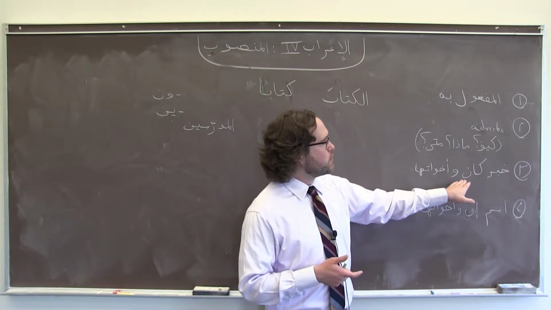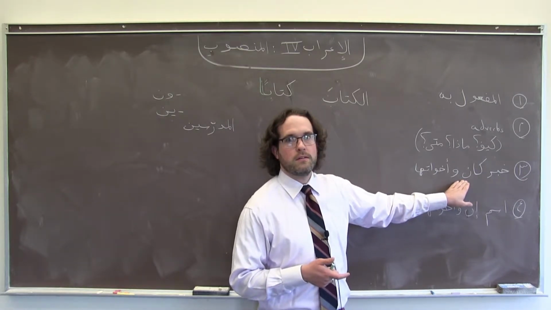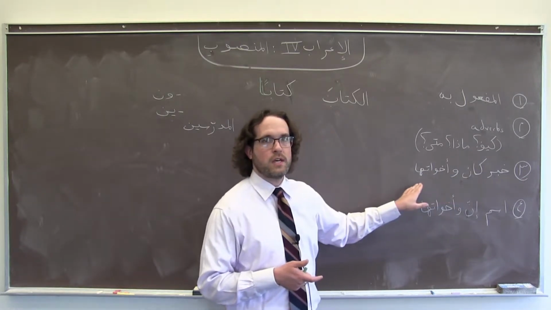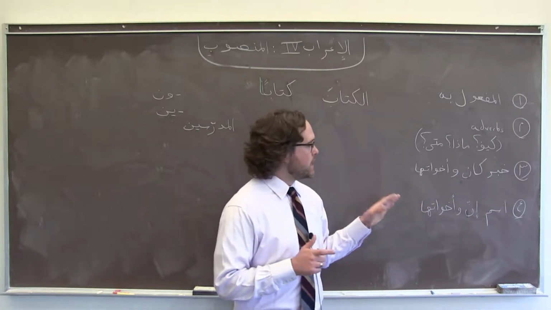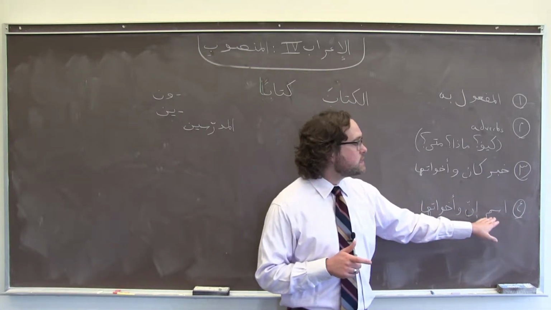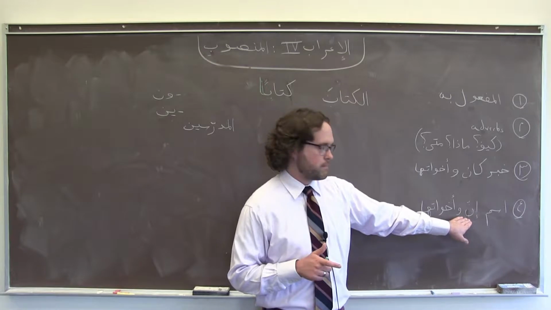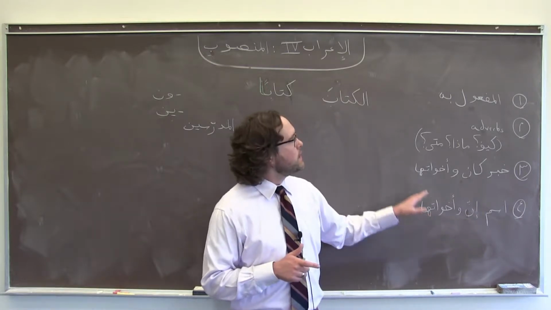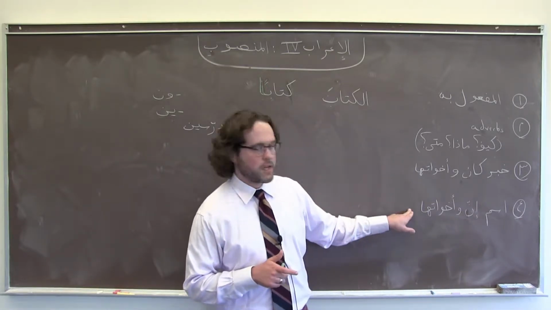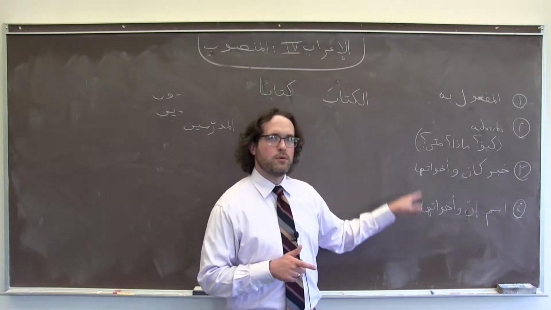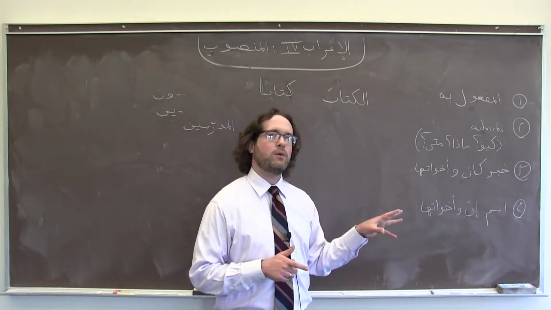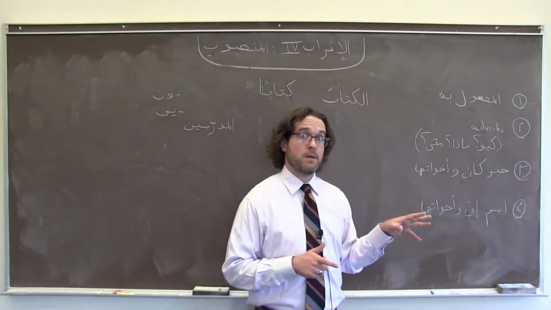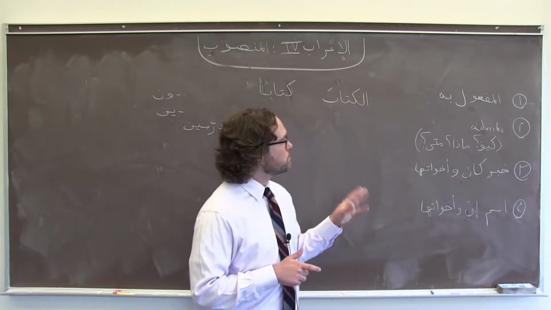Also, the predicate, the khabar of kana or its sisters, kana wa akhwatiha, and the subject, the ism of inna and akhwatiha. And there are separate videos, once again, on both of those constructions that you can go and check out for some more specific examples of how that works.